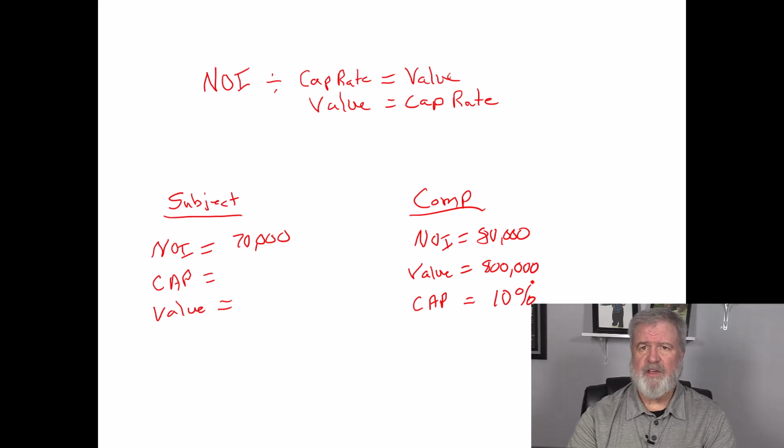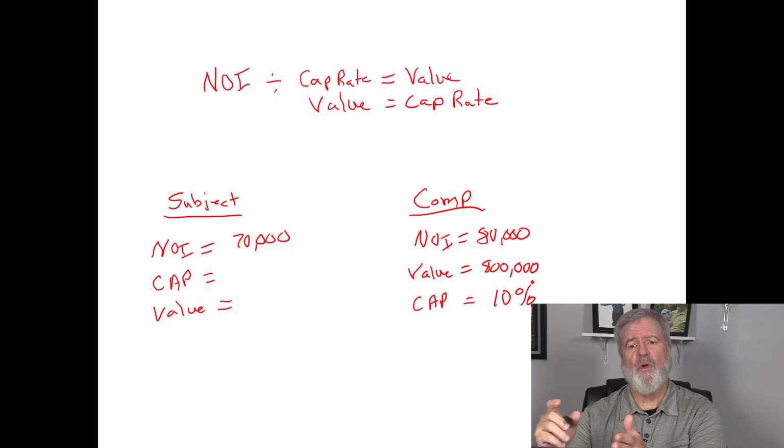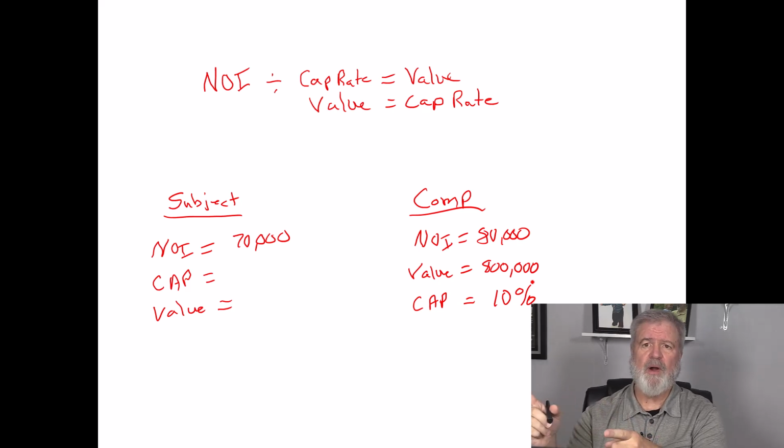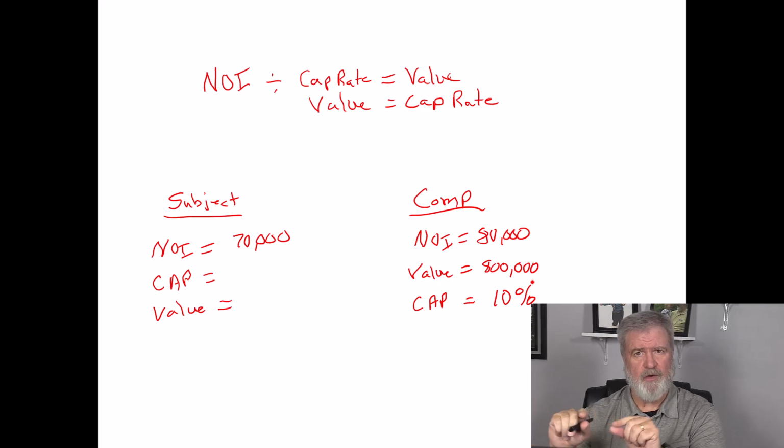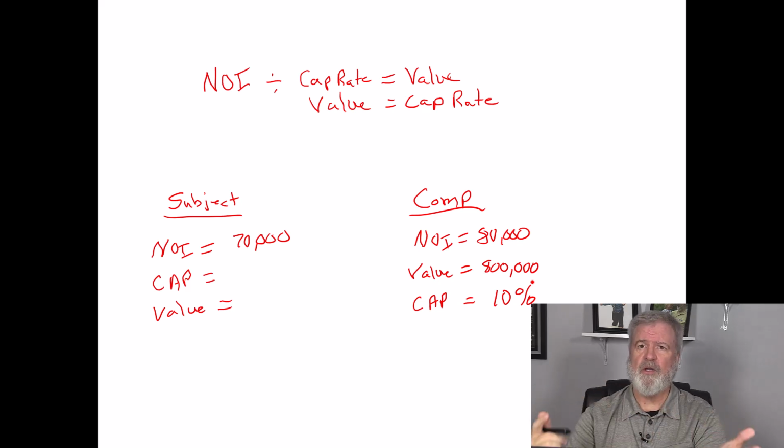Now that I know the cap rate, obviously you would want to do this with 2 or 3 comparables, and you're probably going to get 2 or 3 different cap rates, but they should be pretty close. If you got good comps, the cap rate should be pretty close, and then you can reconcile the 3 and come up with what you believe the cap rate for this market would be.